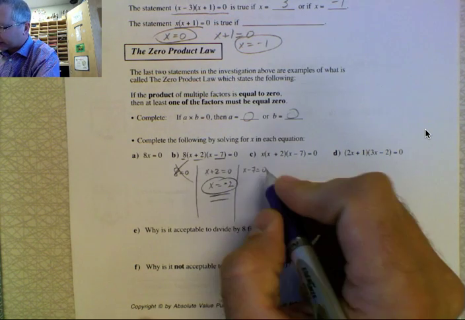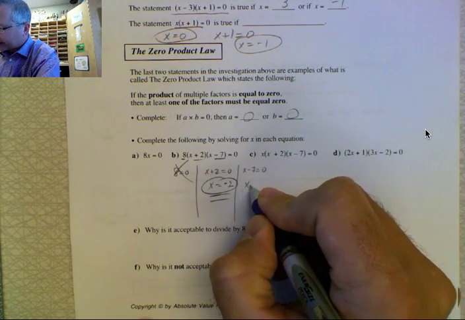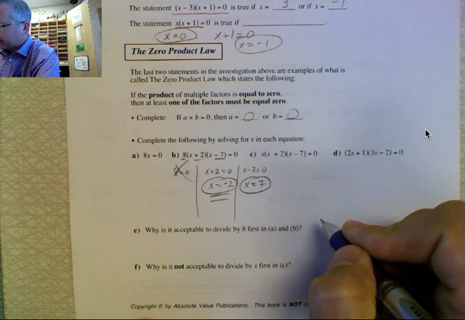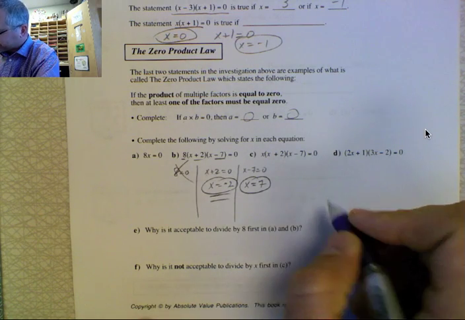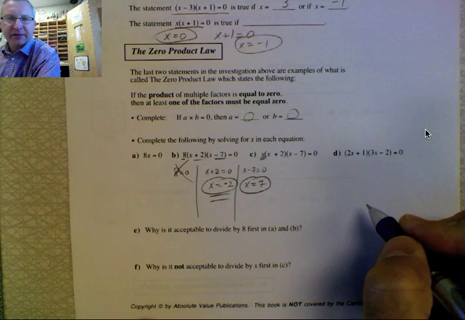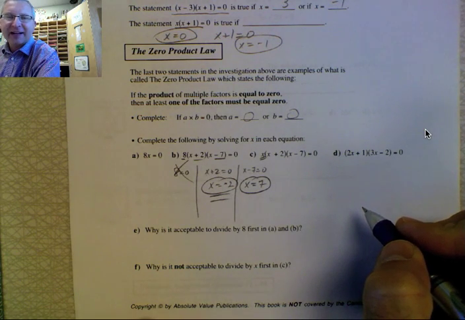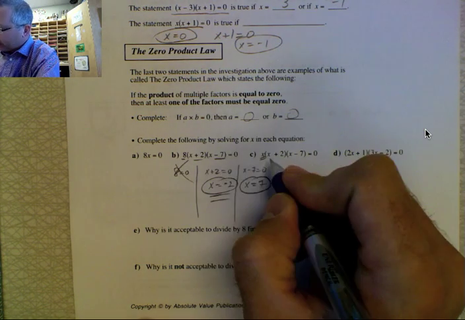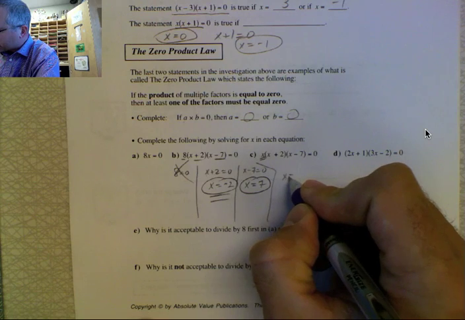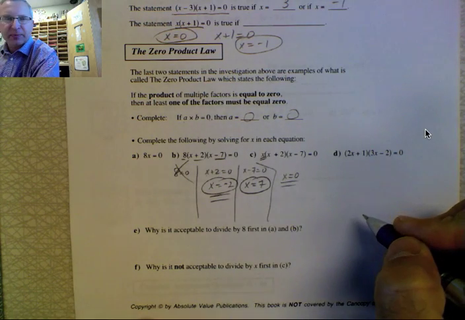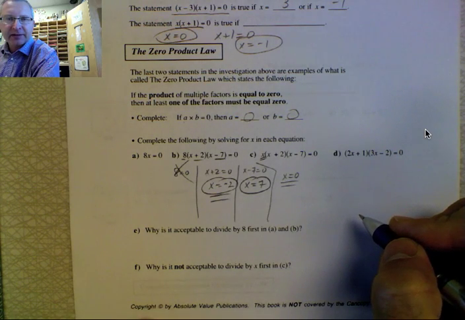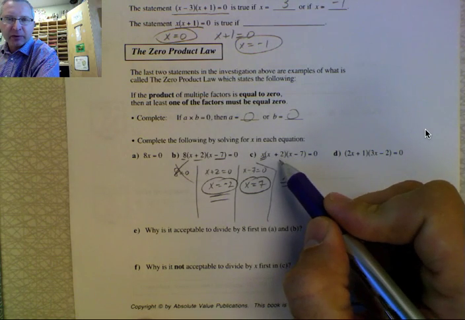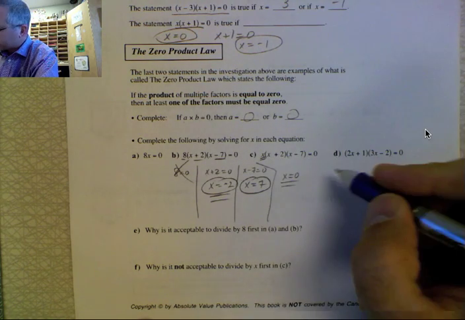There's one of our x-intercepts. Here, x is also going to be 7. That's another x-intercept. Anytime you have an x in front of a factored situation, when you equate that x to 0, it's telling you one of your x-intercepts is actually at 0. Then we also have another one at -2 and another one at 7.